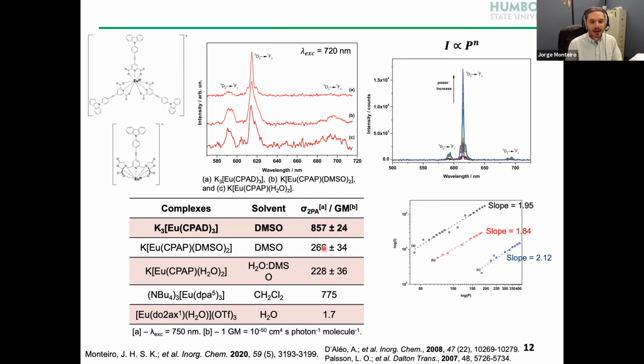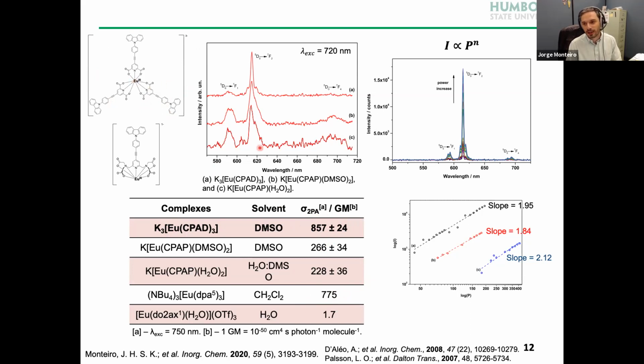Okay, for this compound over here, we got a cross section of 857, and the highest one previously reported in the literature was 775.